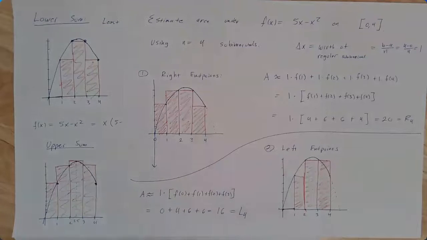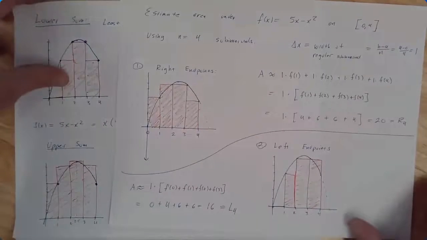Okay, let me throw one more example at you. It's almost time to go, but this is what we'll talk about more next time. Next time we will use the following example to talk about the limit definition of the integral.